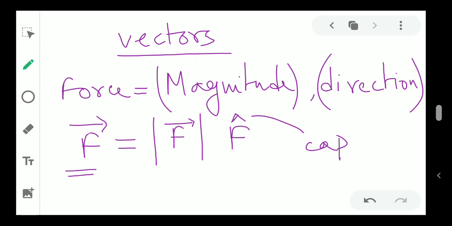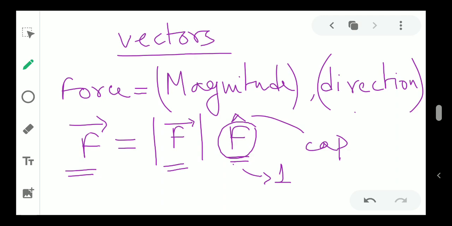So this cap means only direction is concerned. So this is only the direction part, and this is only the magnitude part. You can say, sir, if the direction is this one, what will be the value of this thing? Usually if you measure the value of this thing, that is 1. This is called unit vector.